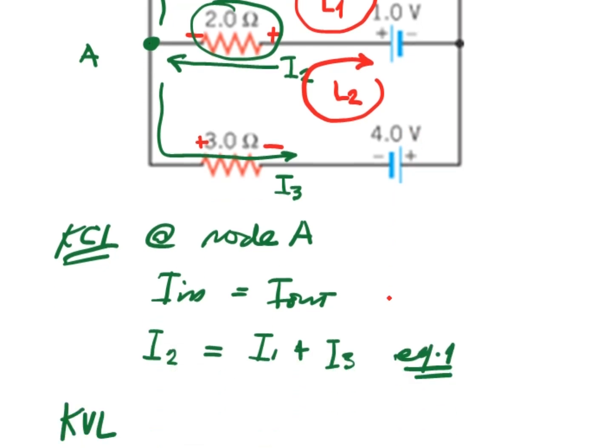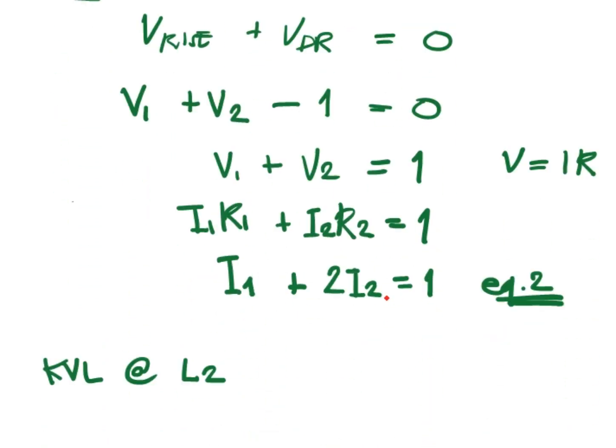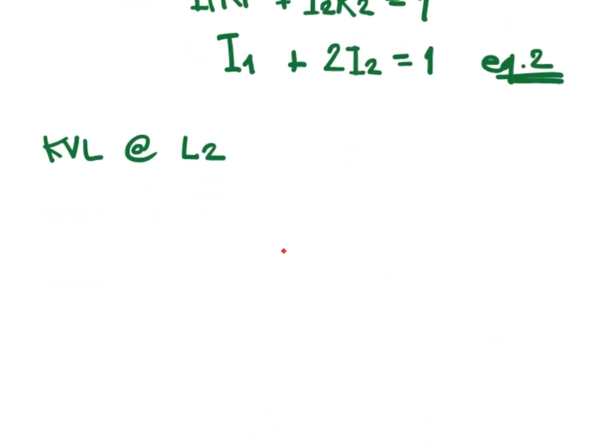So from our KVL, applying that according to Kirchhoff's voltage law, voltage rise plus all the voltage drops is equal to 0. Now the voltage rise is the voltage on the second resistor, V2, plus V3.